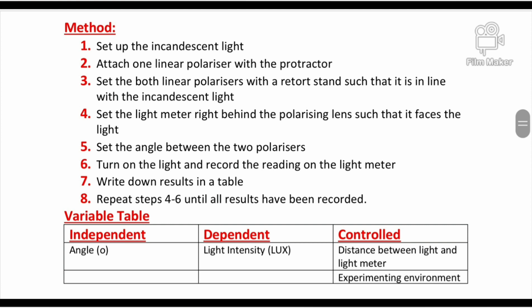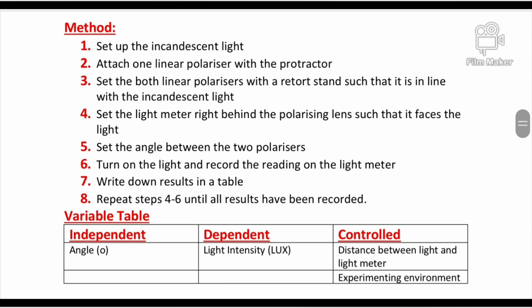Set the angle between the two polarizers. 6. Turn on the light and record the reading on the light meter. 7. Write down the results in a table. 8. Repeat steps 4 to 7 until all results have been recorded.